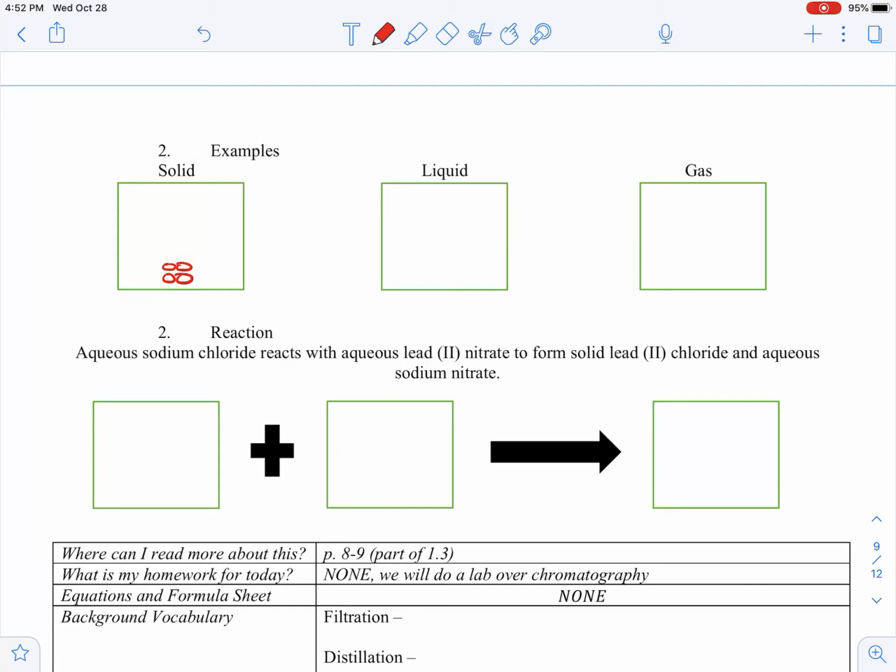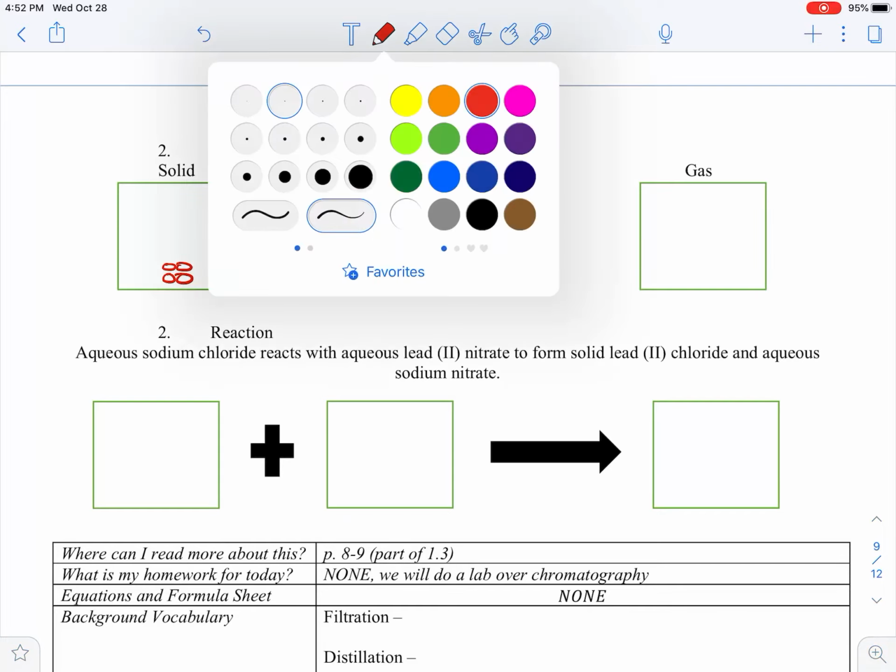Let's change gears just a little bit and go to a liquid. Remember, a liquid takes the shape of a container, and this time let's draw a compound. A compound is one that is the same throughout, but it's more than one element. So let's go with a circle, and remember, it's taking the shape of a container.